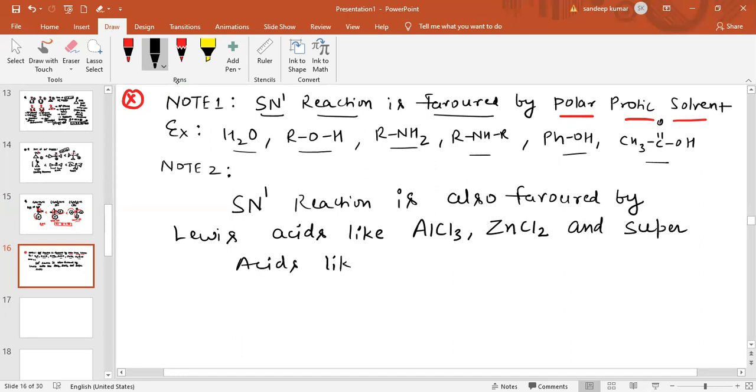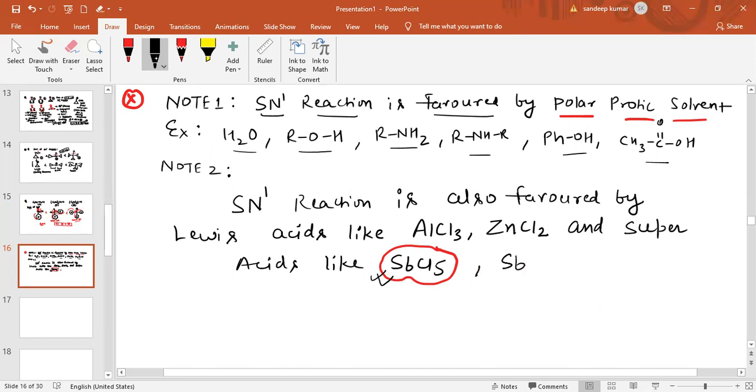super acids like SbCl5. Why am I discussing SbCl5? Because a question has been asked in a previous year when SbCl5 is used. So in the presence of SbCl5, the SN1 mechanism is favored.